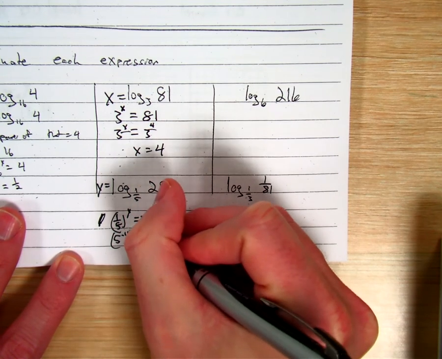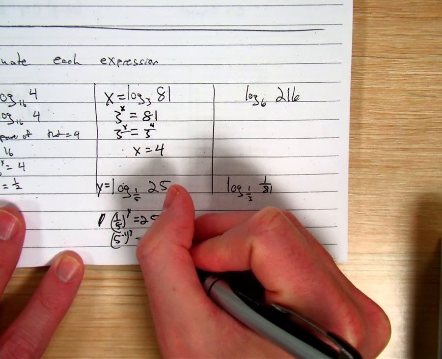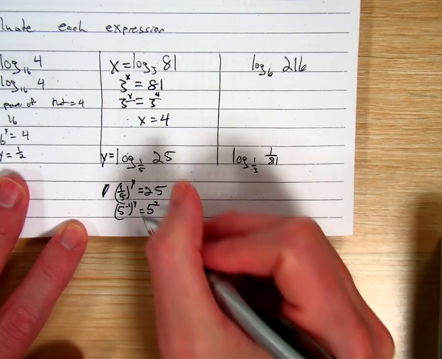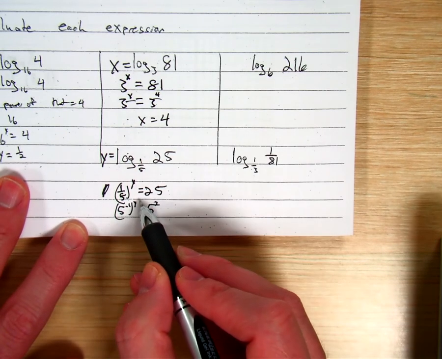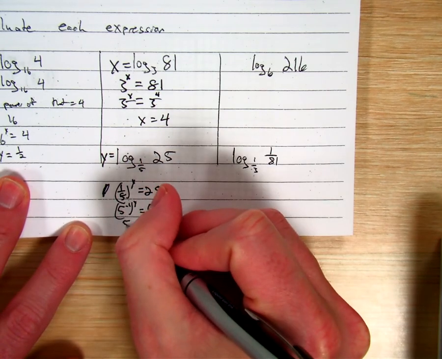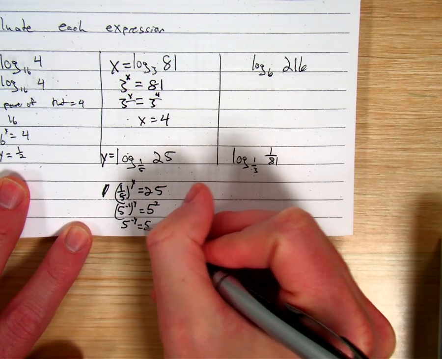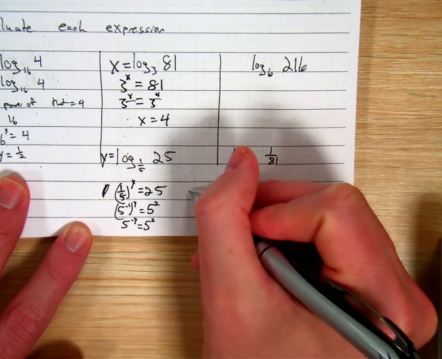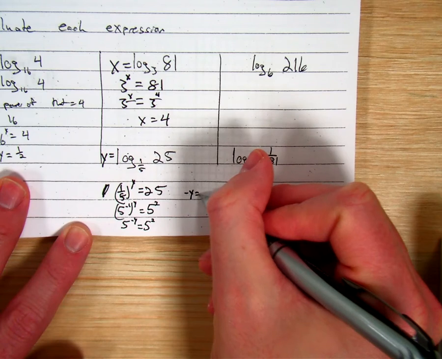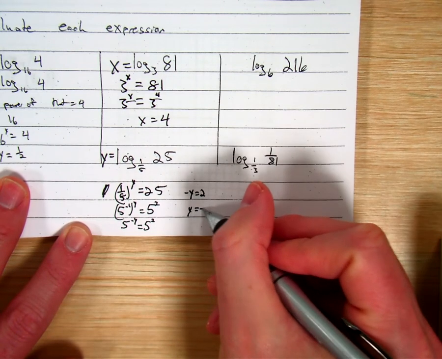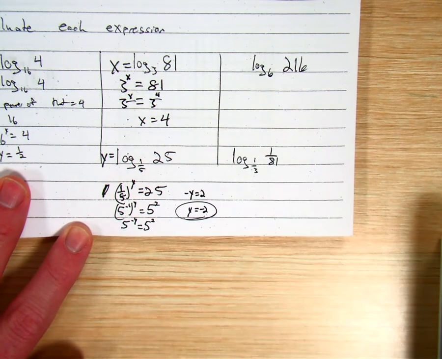So 5 to the -1 with y. 25 is 5 squared. So when we have power, parentheses power, we multiply. So we're going to have 5 to the -y power equals 5 to the 2nd. So we have -y equals 2. Or positive y equals -2.